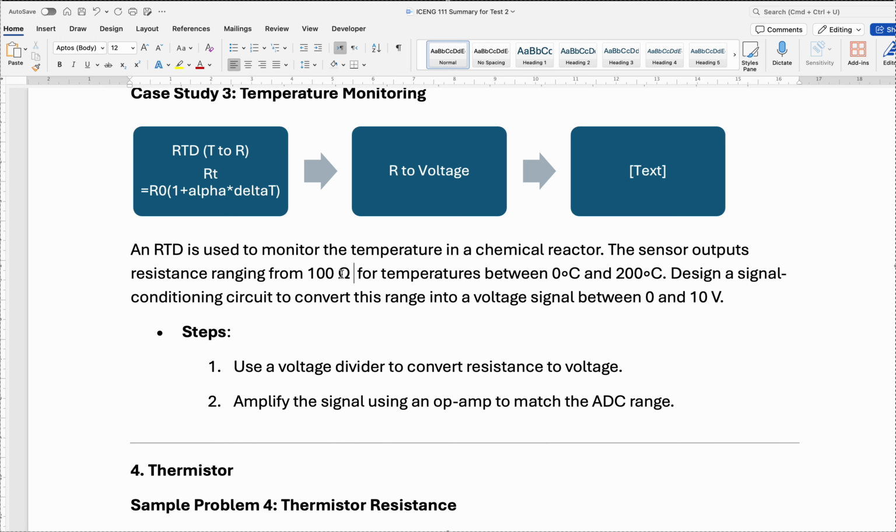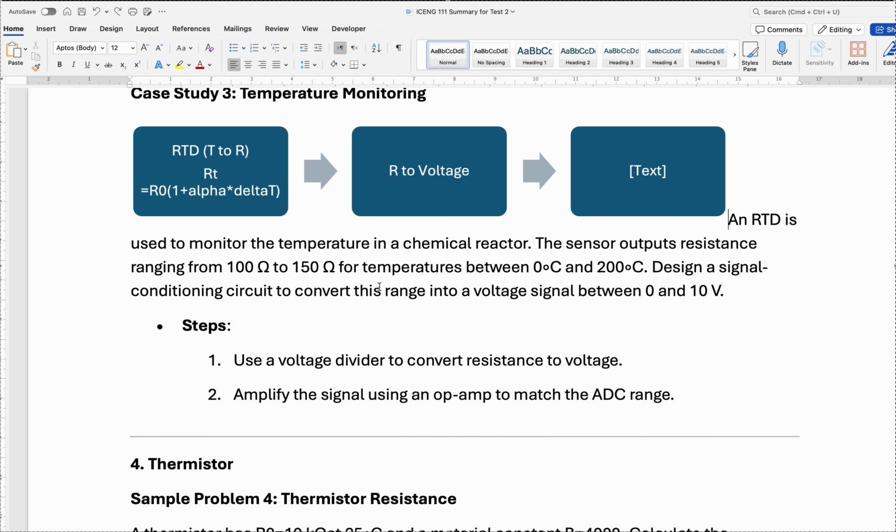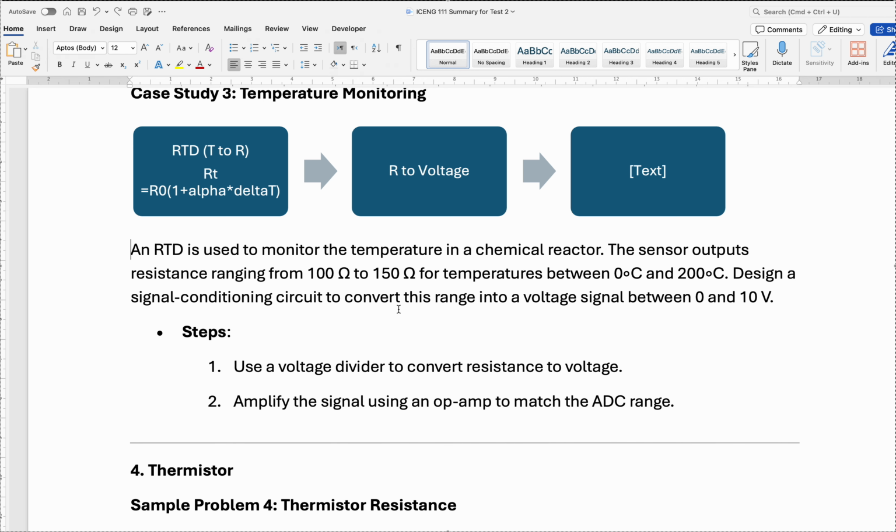Now what is converted to voltage? The thing which is converted to voltage is the resistance, not the temperature. So now R1 and R2 are the X1 and X2, and the 0 and 10 volts are the Y1 and Y2.